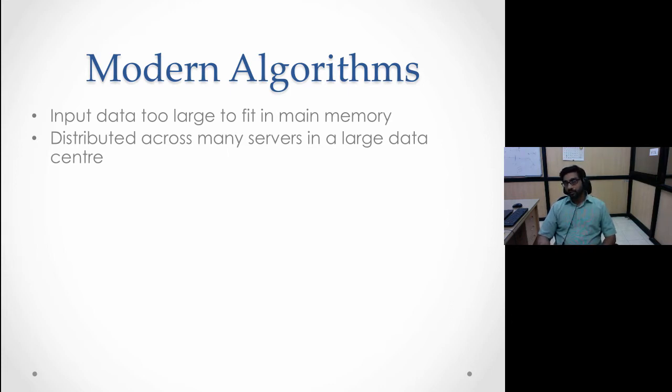And finally, the data is often not freely accessible. You cannot access the data in a traditional random access type of fashion. You have some rules by which you can access the data. So, as I mentioned, the data could be stored in a distributed setting. It could be stored in a cloud, and the only access you have is through some queries.